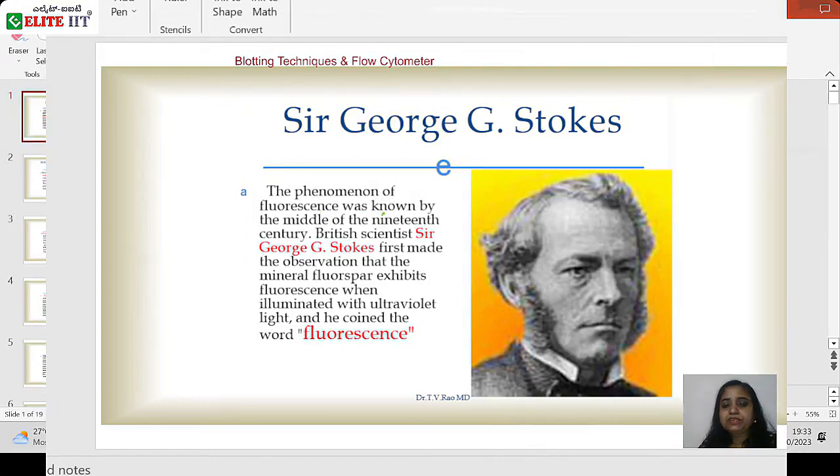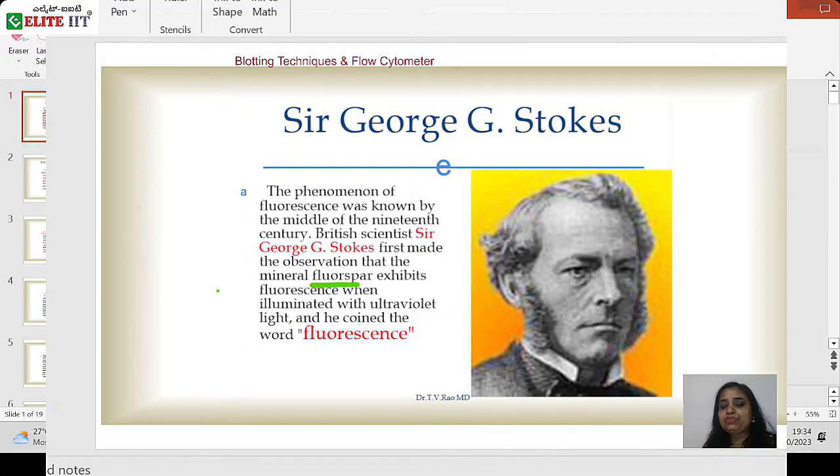Okay, the phenomenon of fluorescence was known by the middle of the 19th century, and British scientist Sir George Stokes first made the observation that the mineral fluorspar exhibits fluorescence. Which mineral? Fluorspar. It shows fluorescence when illuminated with ultraviolet light.